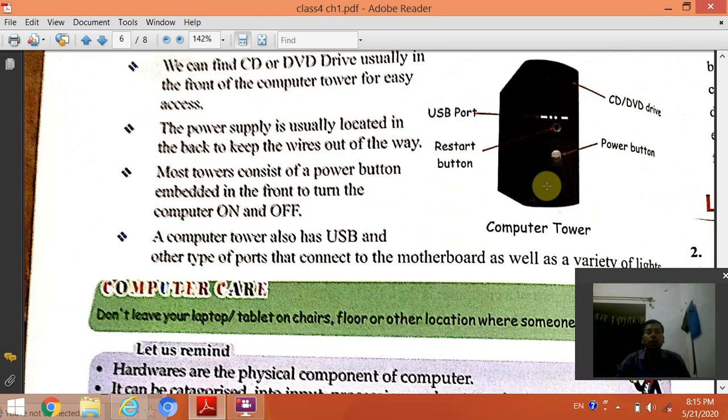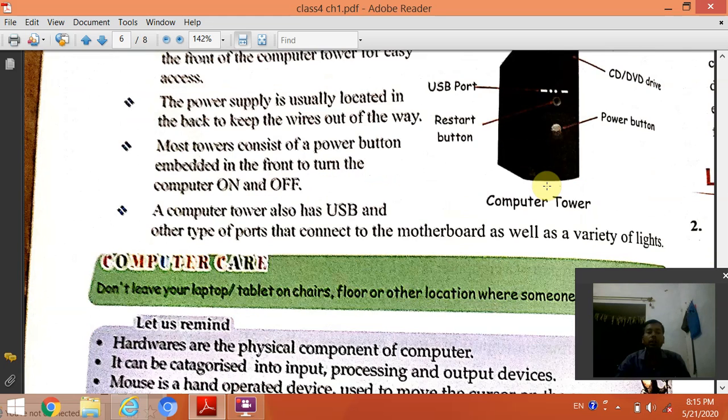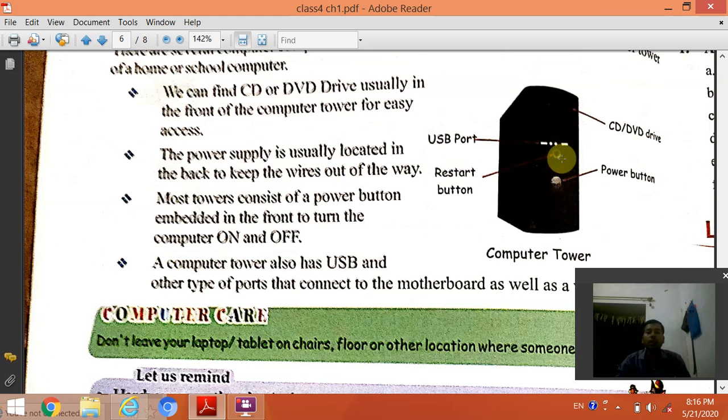A computer tower also has USB and other types of ports that connect to the motherboard, as well as a variety of lights. इस बॉक्स में बहुत सारे पोर्ट्स होते हैं, सीरियल पोर्ट्स, USB पोर्ट्स, networking ports that are connected to the motherboard of a computer.